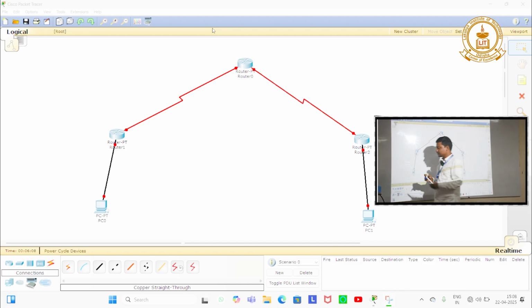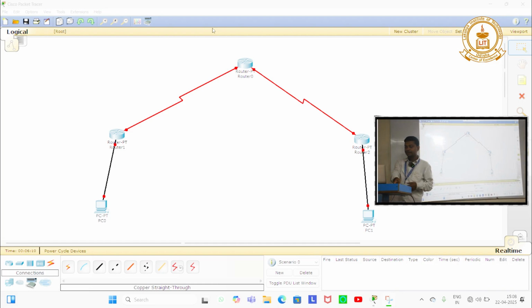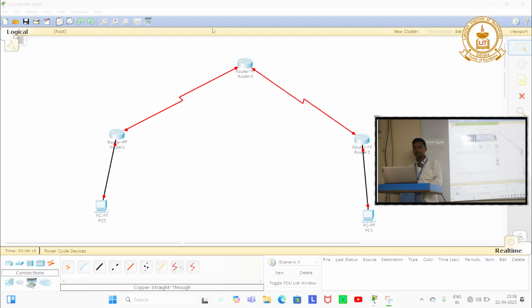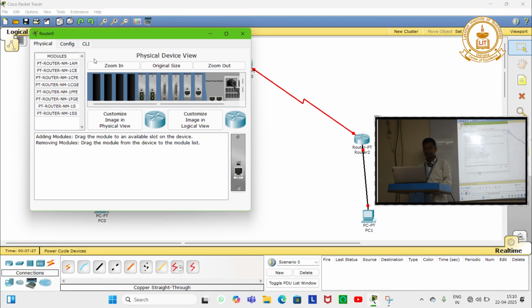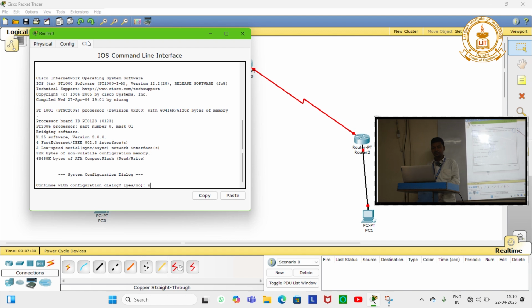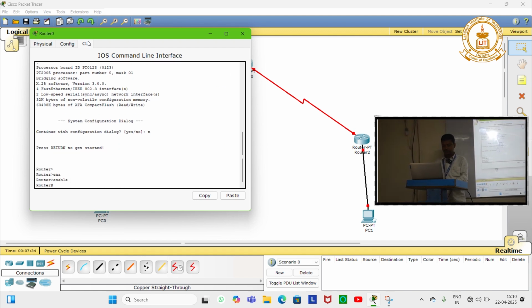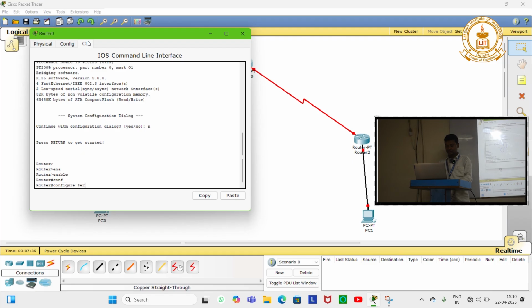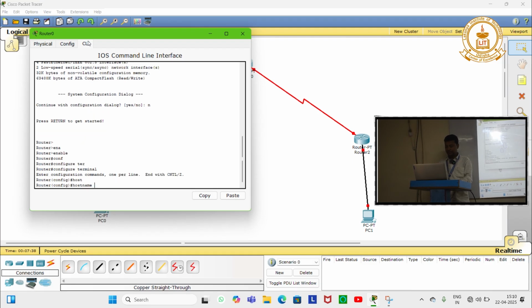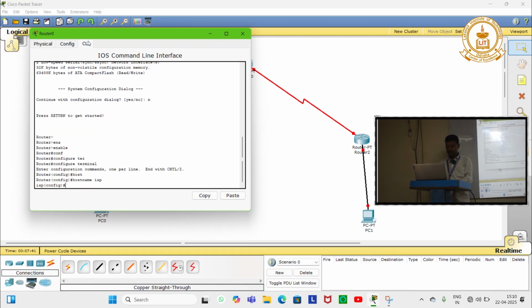Okay, so first we are configuring ISP. Router 0 is your ISP, and this ISP router, this is your command line interface. First we are using enable command, then configure terminal, then hostname ISP, then show interfaces.